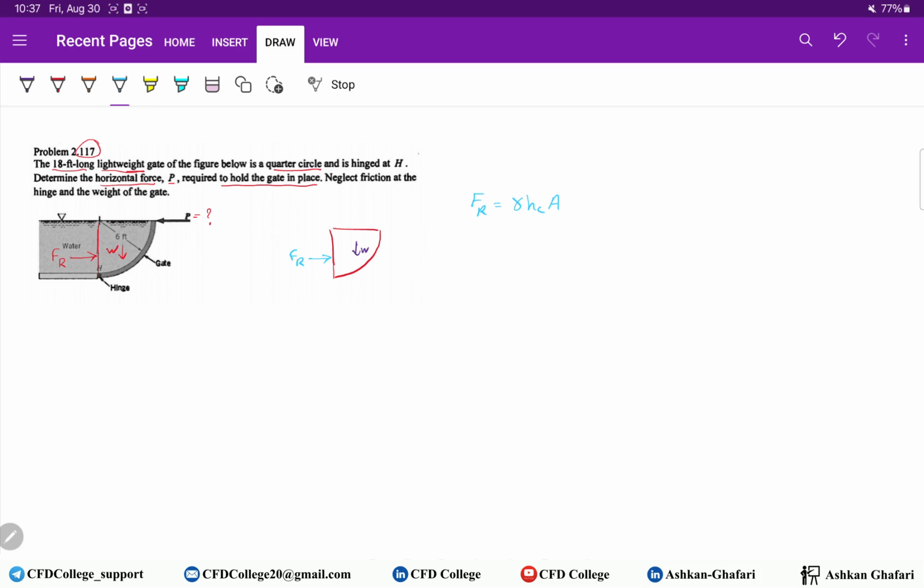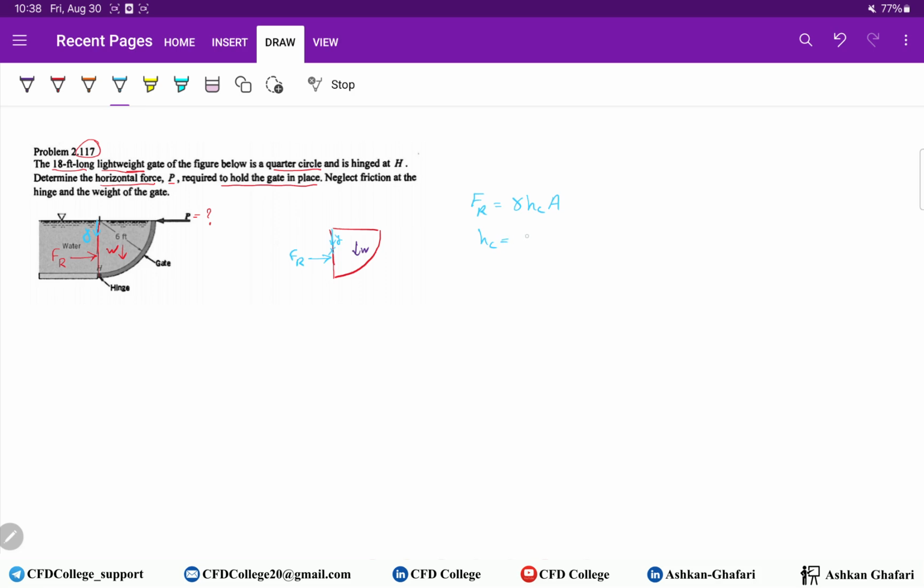So this is the y-axis, and here, so if it's y-axis, we know that HC is at the middle.